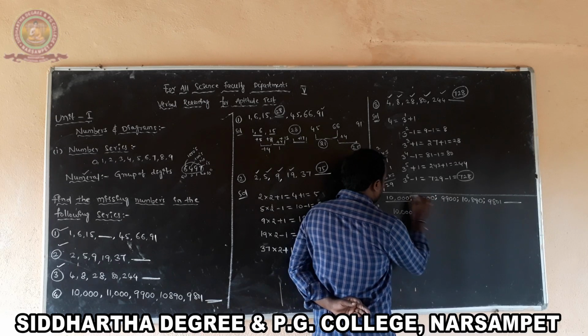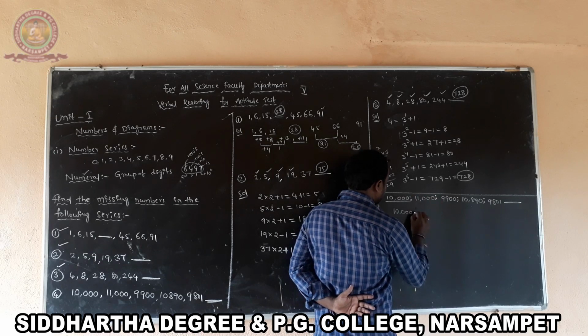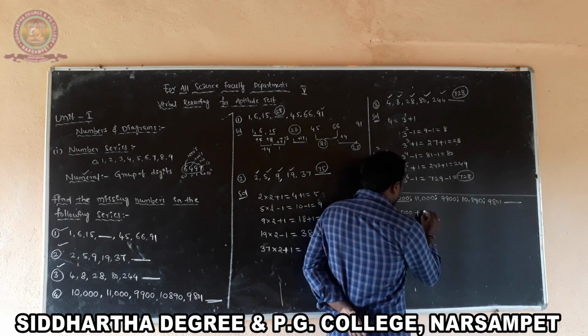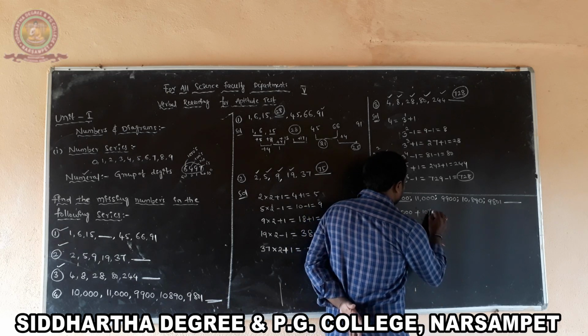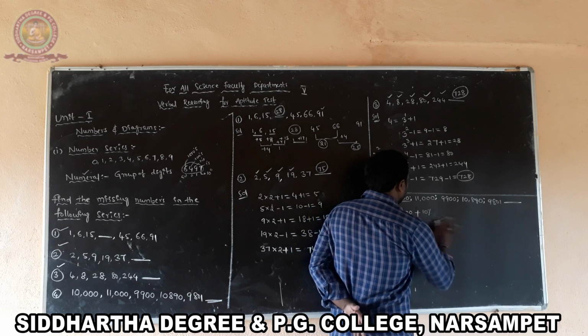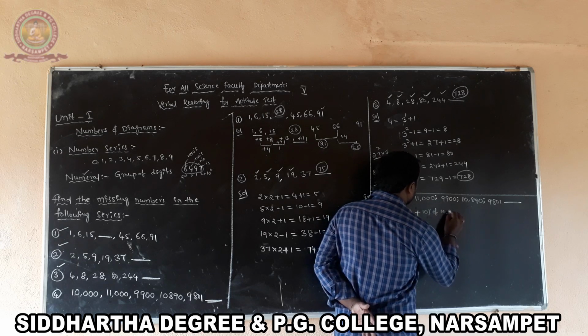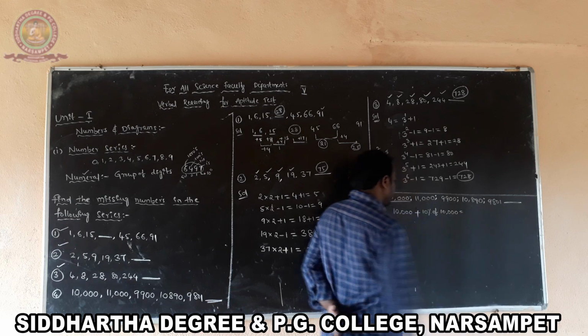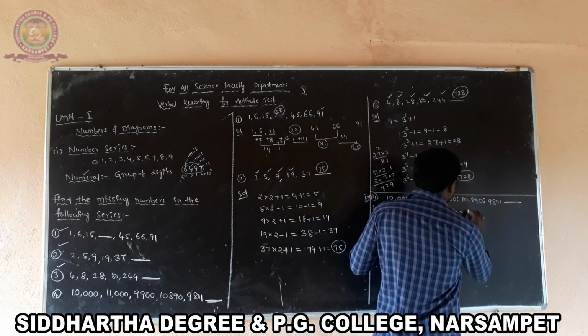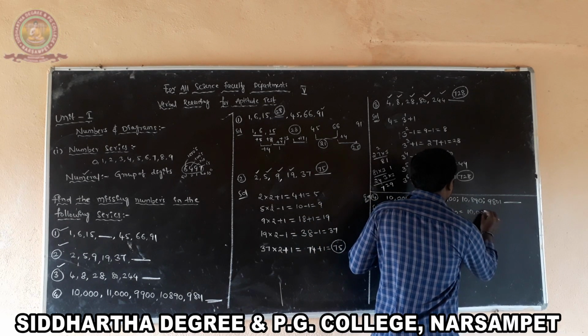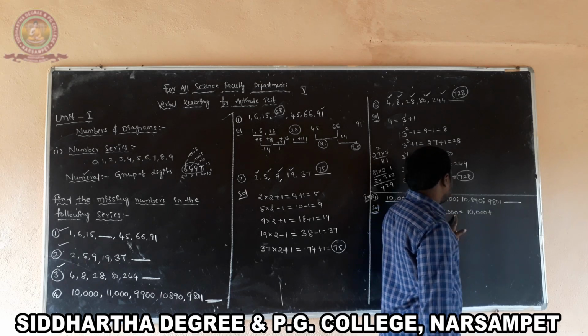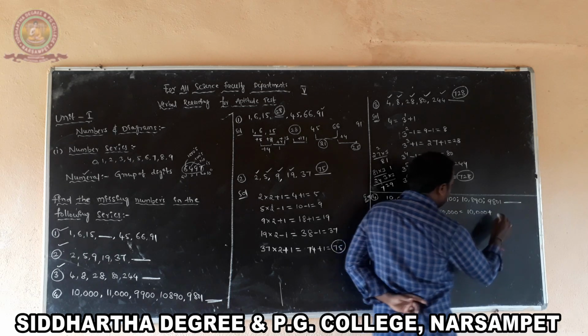So the value is increasing from the first term to the second term. So that is plus 10 percentage of 10,000. That is equal to 10,000 plus 10 percentage of 10,000. Percentage means by 100.